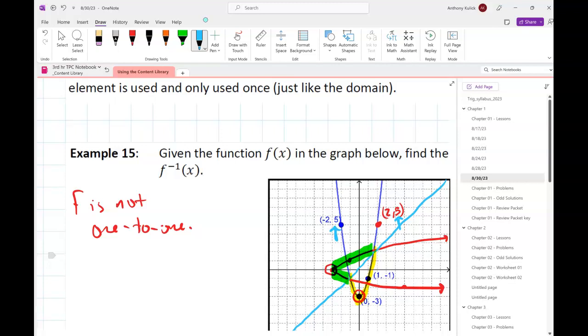So how might we easily check to see if a graph represents a function that's one-to-one? If we can draw a horizontal line that intersects the graph more than once, then f can't be one-to-one, right? Because that would imply it has a repeated y coordinate, correct?